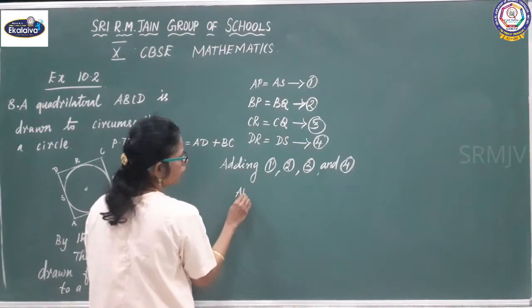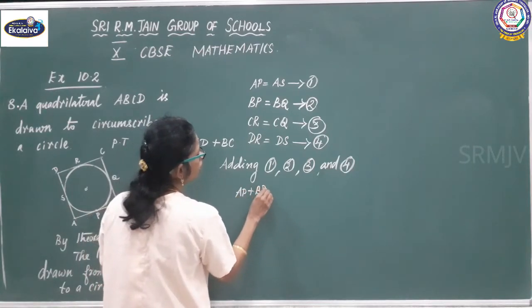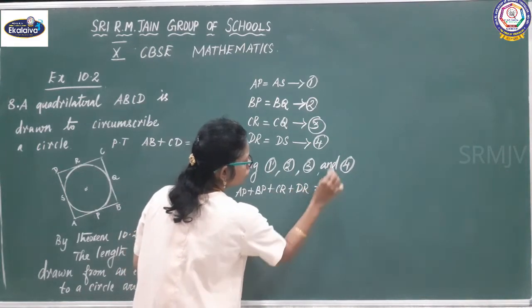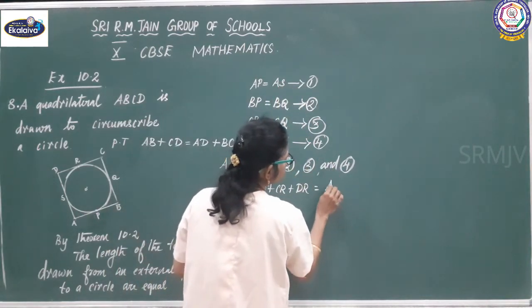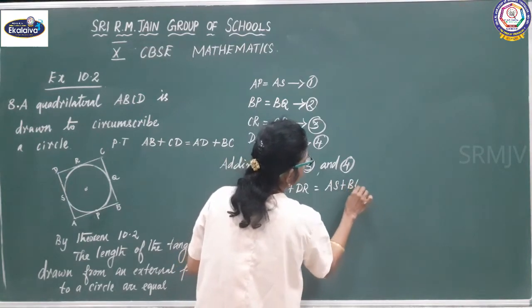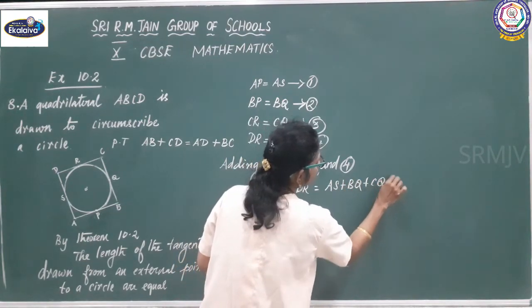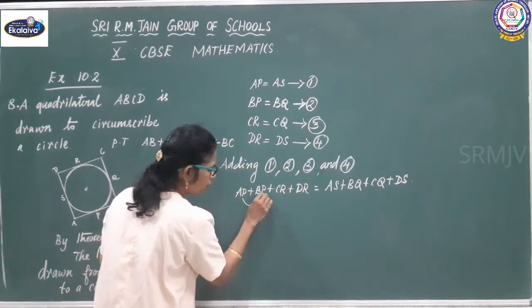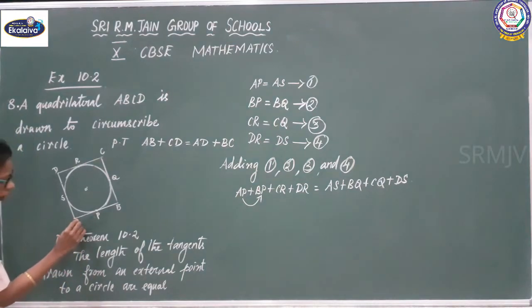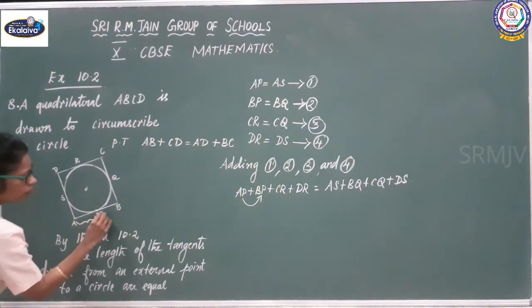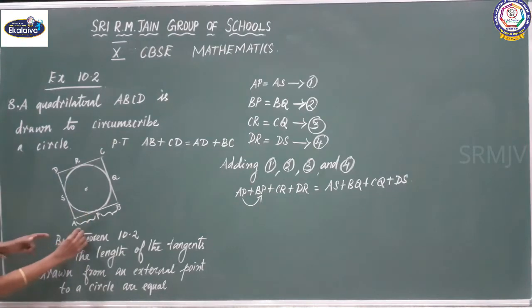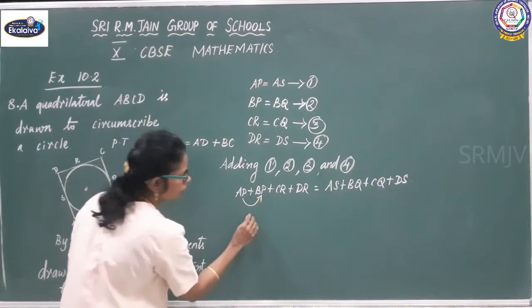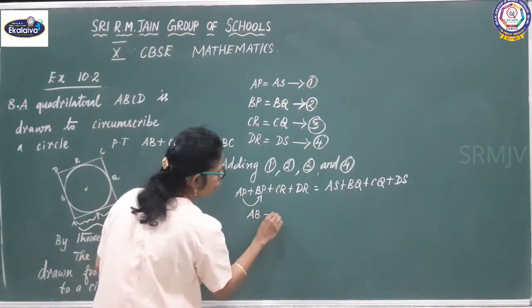Now AP plus BP, what it is? AP plus BP gives you AB. So this can be replaced by AB plus.